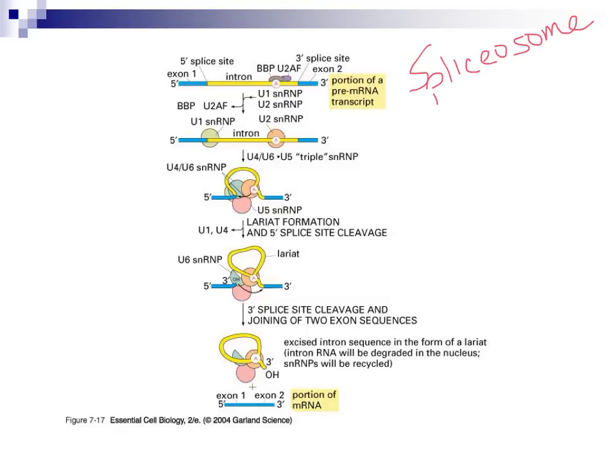This is a large complex whose job, along with some of these small nuclear ribonucleoproteins, will come in and form this lariat-like structure. It's just simply a loop. What it's doing is finding the parts, basically the ends of the introns. Once it finds that part, it can remove that, and you are left with simply the exons.